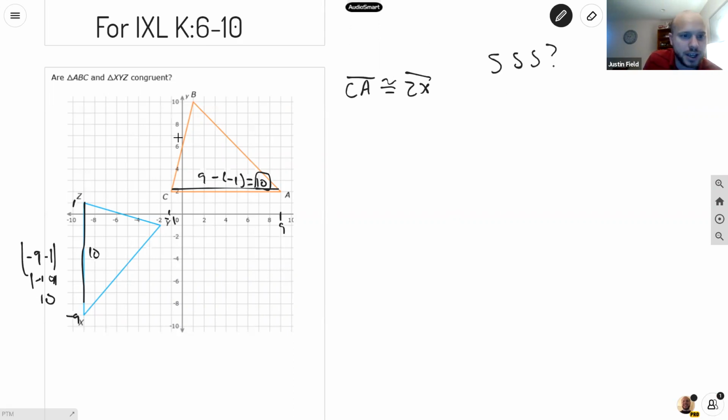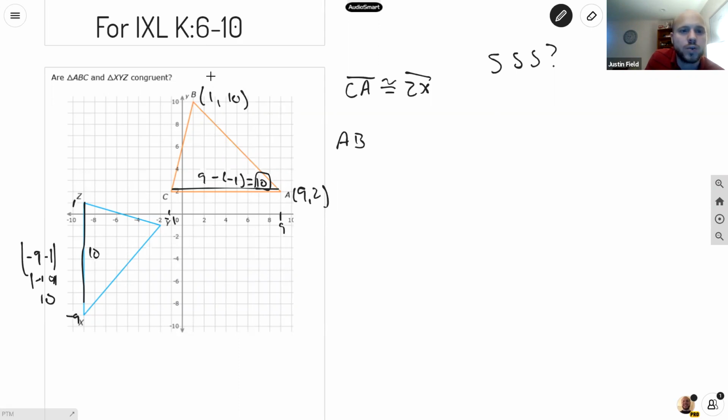So let's see about, how about AB? Okay, so segment AB. Well, what are the coordinates of A and B? A is at 9, 2. And B is at 1, 10. So I'm going to find the distance.